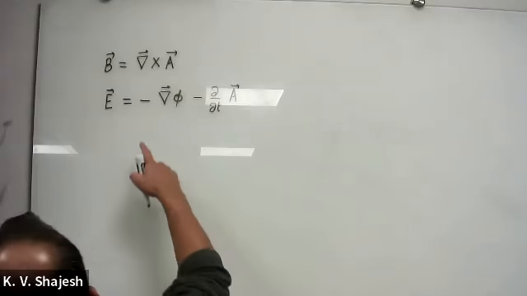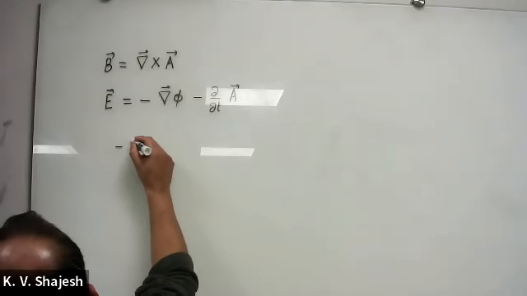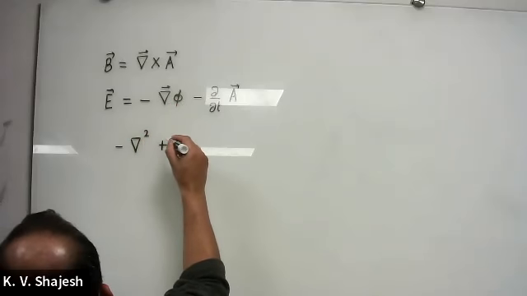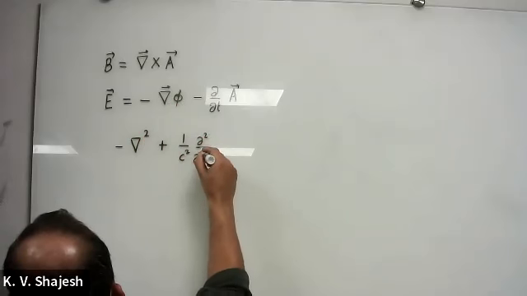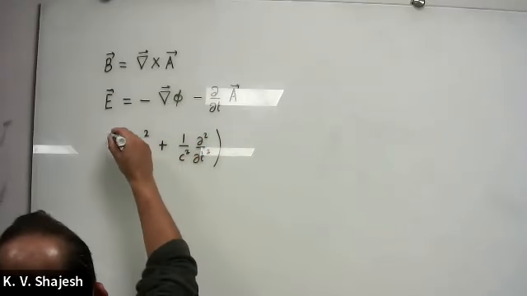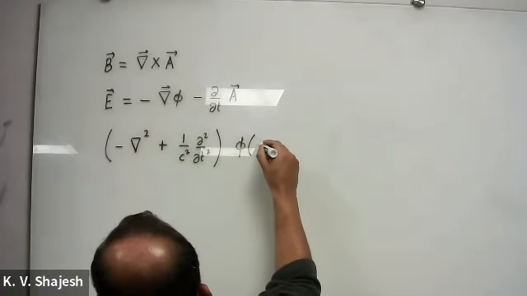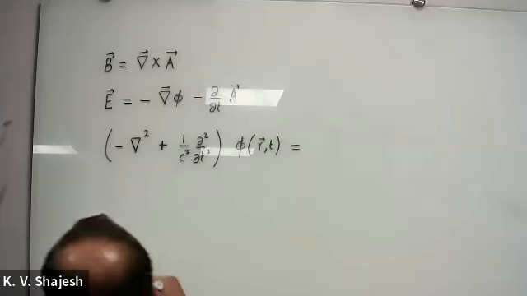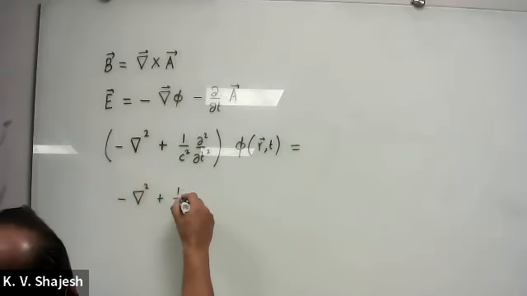And we found that we can write the equation for both the scalar potential and vector potential, phi of r, comma t, and the same equation holds for the vector potential also.